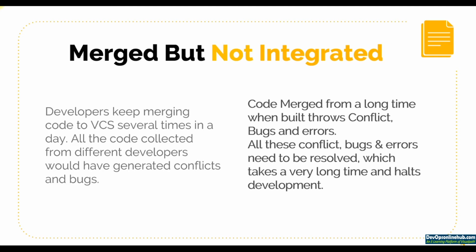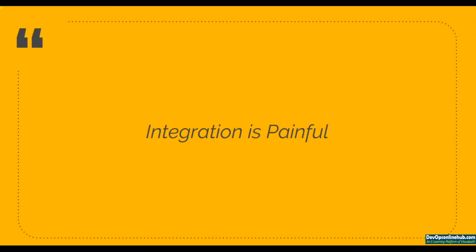It's a very, very painful process. Yes, it's slow and painful. Identifying the conflicts, bugs and errors and resolving them one by one may need a lot of recoding. They need to code it again. And that's why we say integration is painful if we do it after a long time.